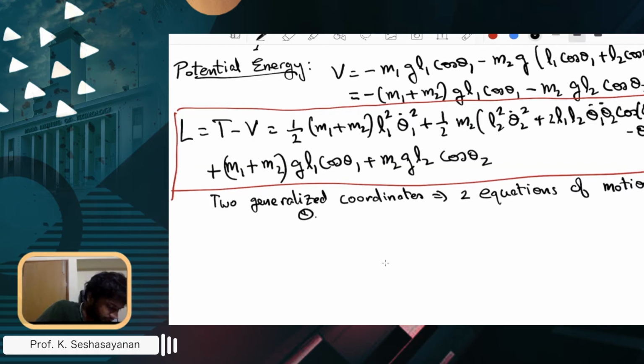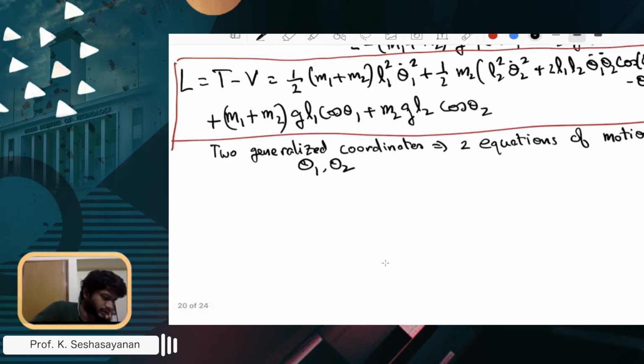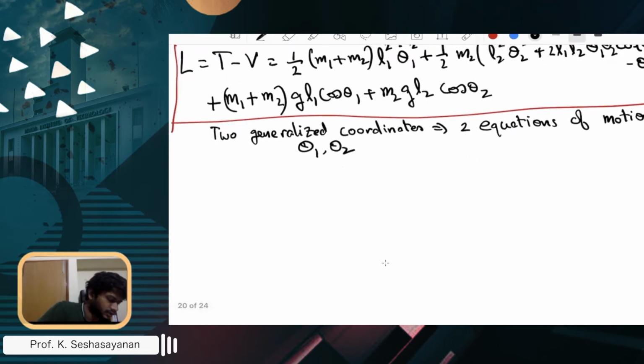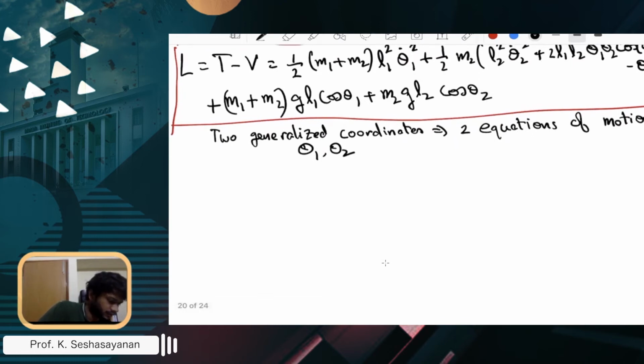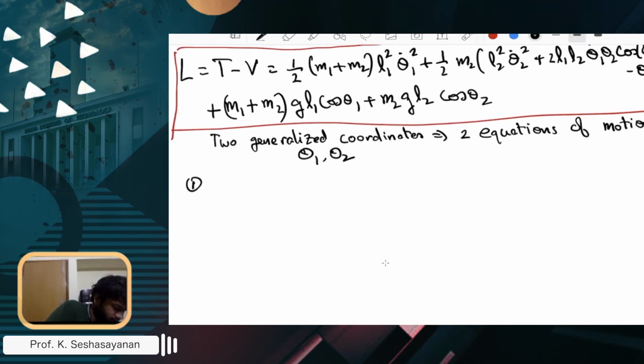So you have theta 1 and theta 2. So you get the two equations for these two angles. So first equation is in terms of theta 1.